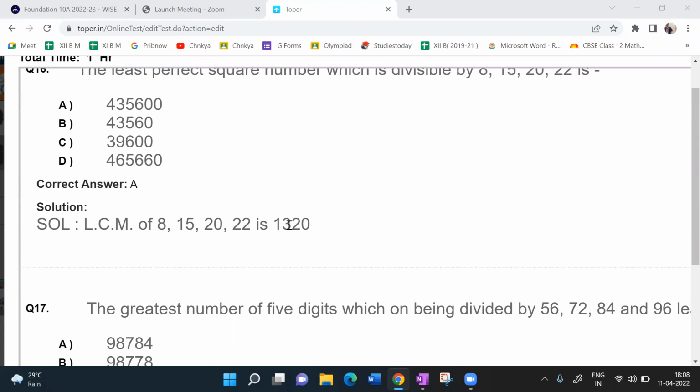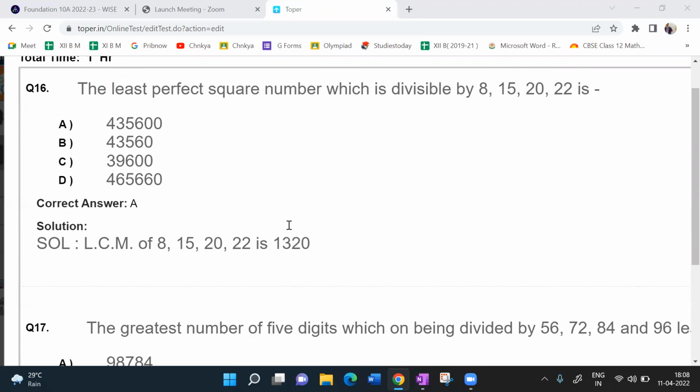The least perfect square here is 43560. So you can straight away find out the answer without even calculating. Why? Tell me. Like largest five digits.